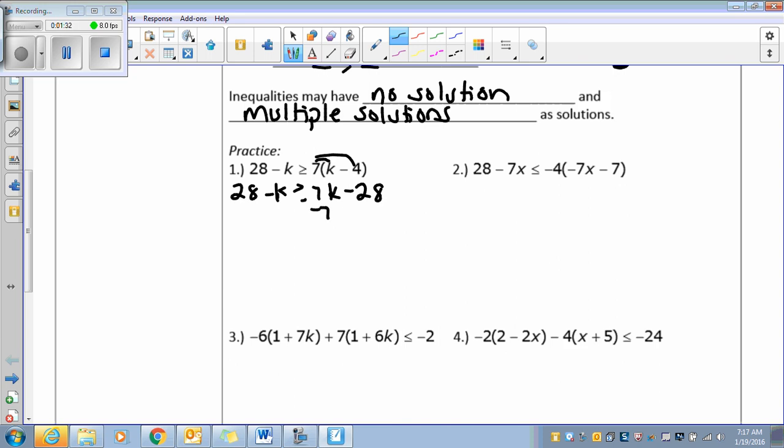In this case, I will just take the variable over to the left. So we have 28 minus 8k is greater than or equal to negative 28. Subtract 28. Then we have negative 8k is greater than or equal to negative 56.